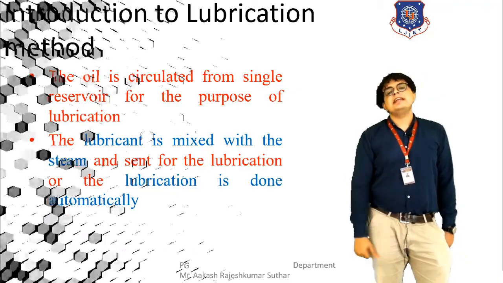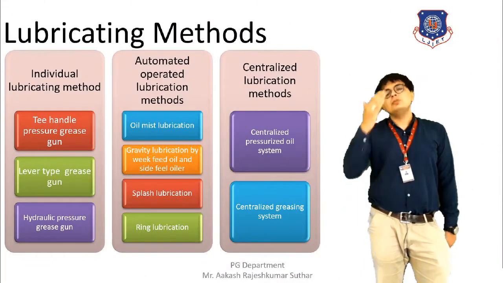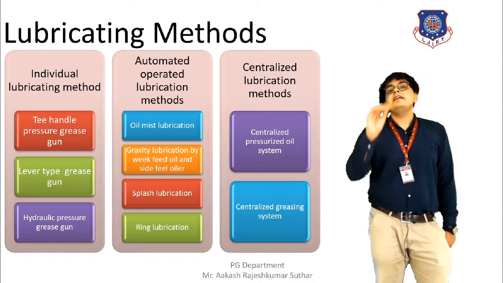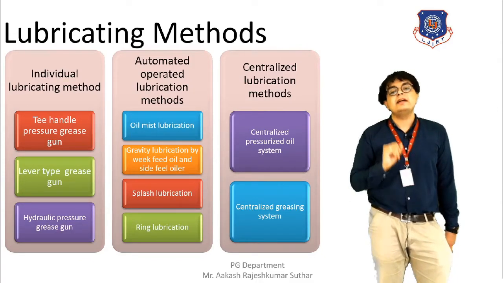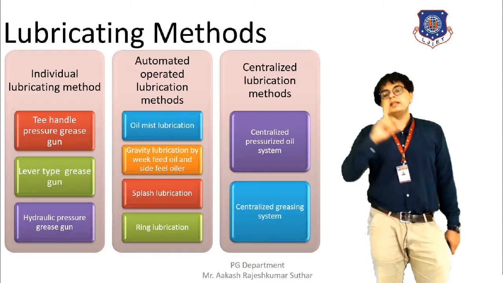Moving towards the next, that is different methods for lubrication. Basically the methods are divided into three categories. The first is the individual lubricating method, the second is the automatically operated lubrication method, and the third is the centralized lubrication method.